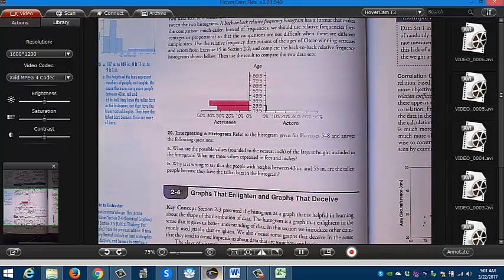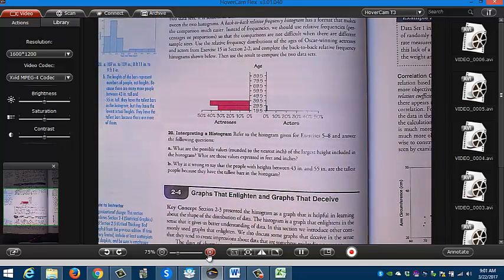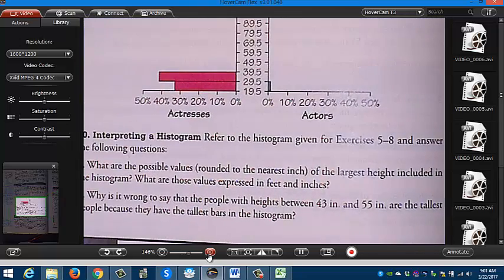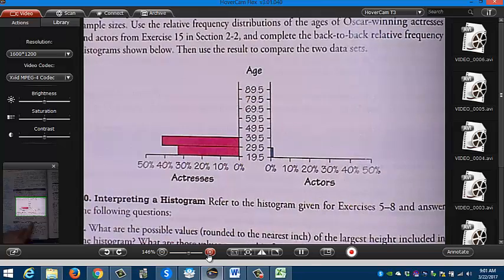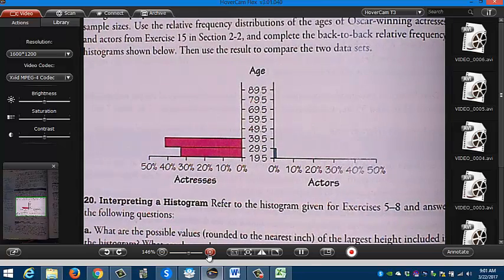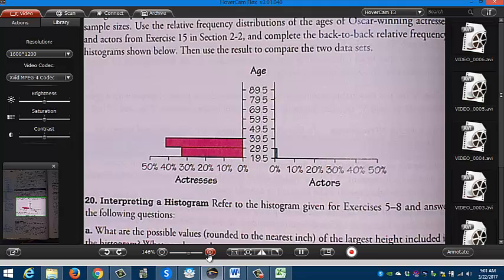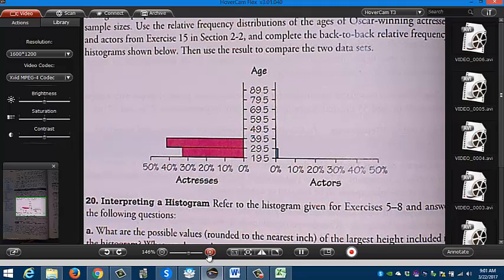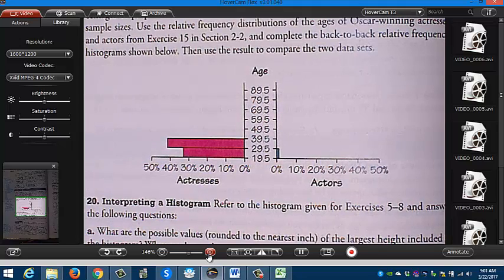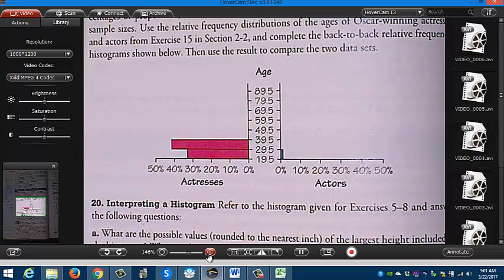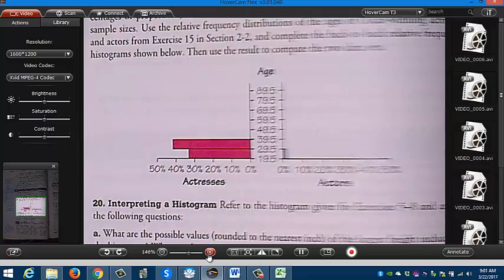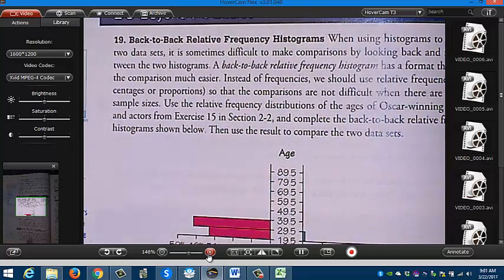I think I'll zoom in a little bit so you could see the graph a little bit better. So we have actresses and actors. And it says sometimes a good way to handle a situation where you want to make comparisons between two groups is back-to-back relative frequency histograms.